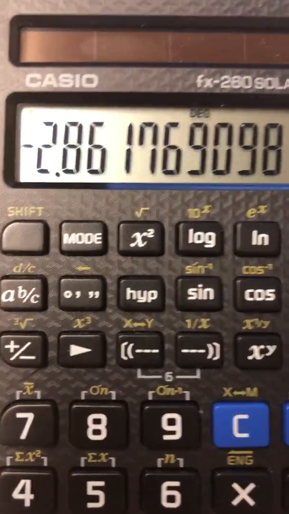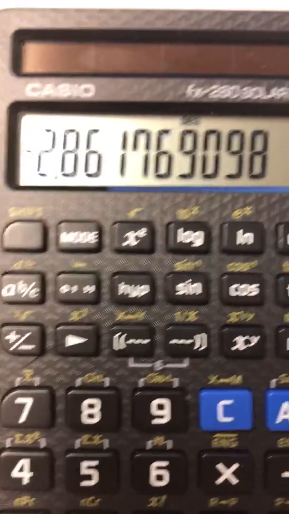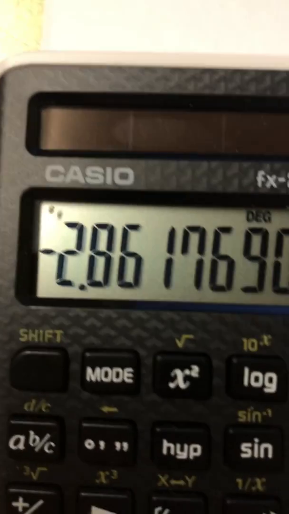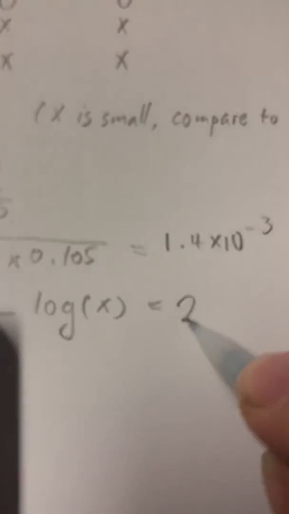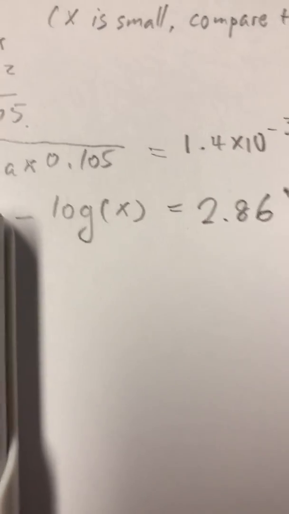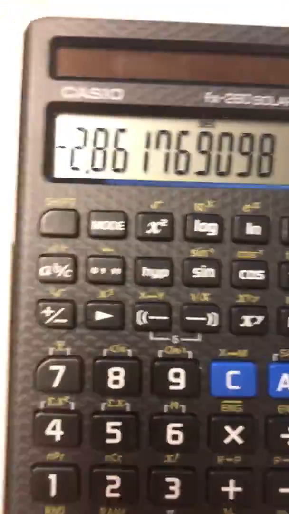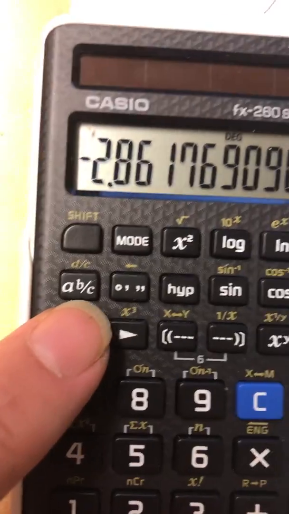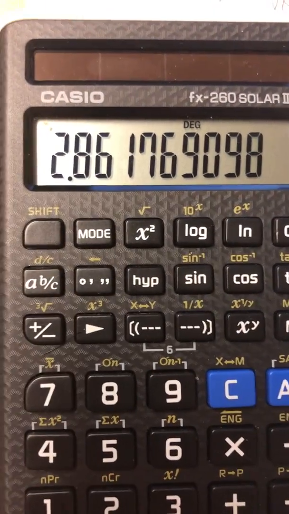Now you get negative 2.86. So you can simply omit the negative sign and write this equals 2.86. Or if you want to change it to a positive number, push this plus-minus button, and it will remove the negative sign.